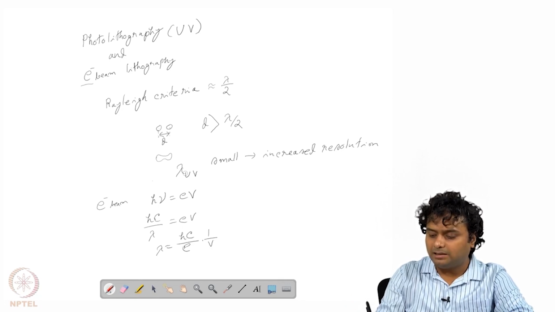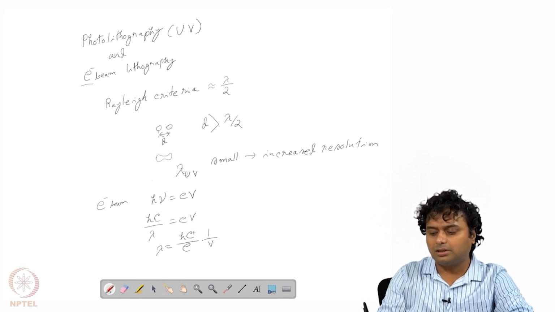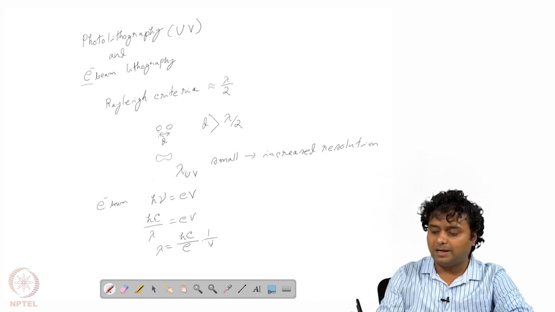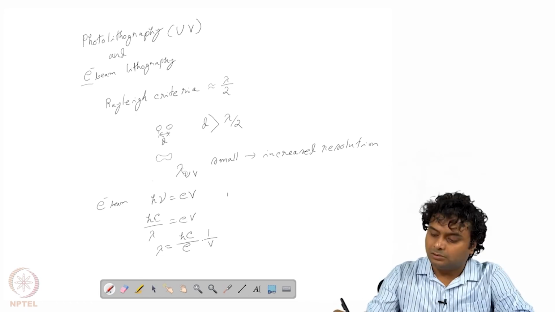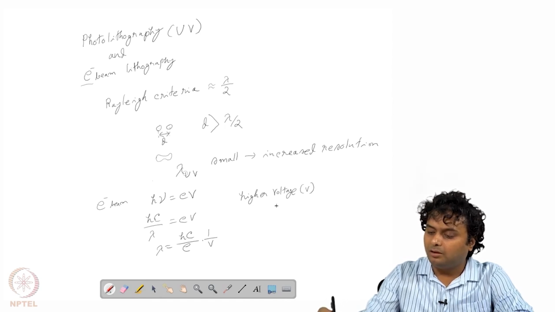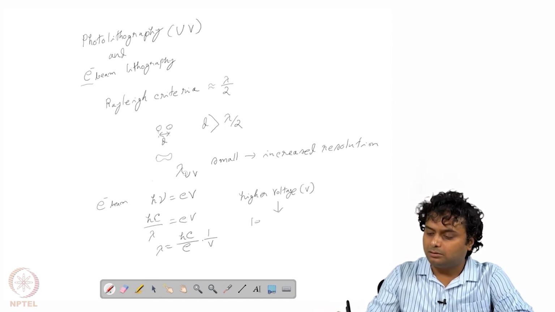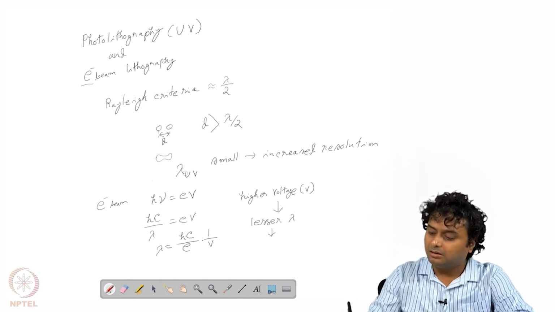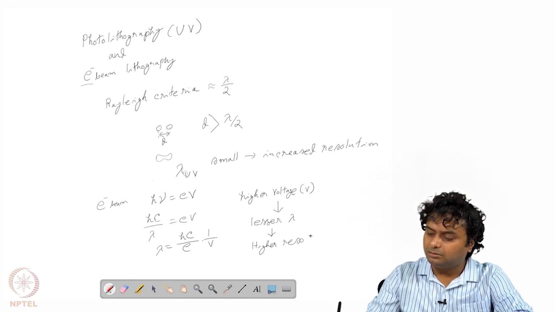Here h, c and e are all constants: Planck's constant, velocity of light and electronic charge. So, as we apply higher and higher voltage V, we get lesser lambda or wavelength, and that means higher resolution.